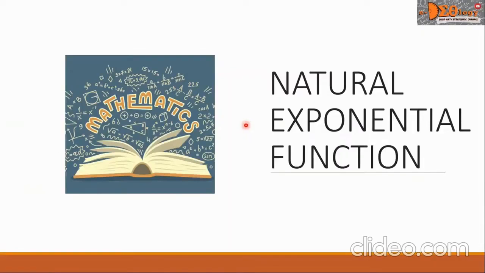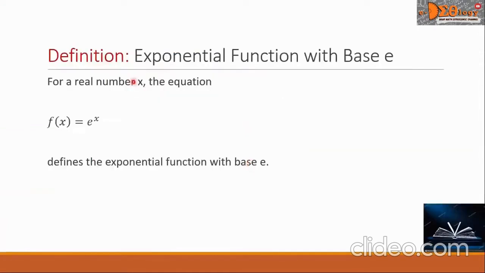Today we're going to study natural exponential function. Let us define exponential function with base e. For a real number x, the equation f of x equals e raised to x defines the exponential function with base e.